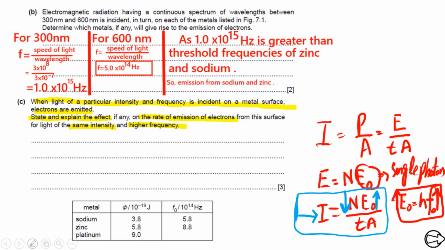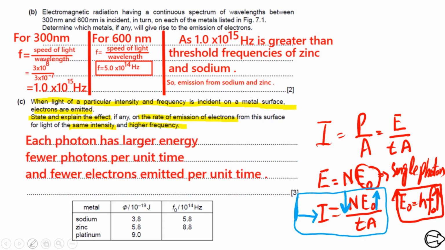So this is how we can answer this question, and then I will explain again why I wrote it like this. The first thing you can see here, each photon has larger energy. As you can see here, if we increase the frequency of the photon, its energy will increase. Second, fewer photons per unit time means the number of photons will decrease.